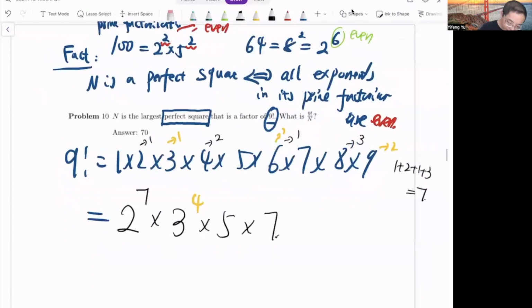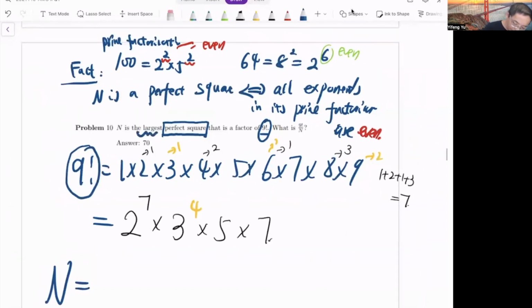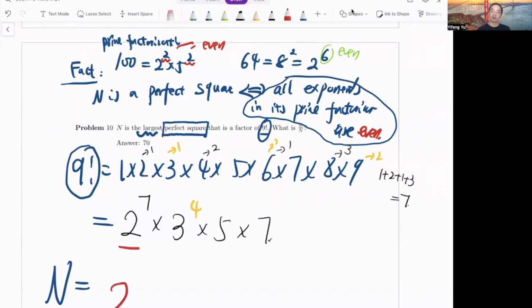And we are looking for n, a factor of 9 factorial, and we're looking for the largest perfect square. But remember, for a perfect square, all the exponents have to be even. So this is 2 to the 7, but it has to be 2 to an even number, and I want it as large as possible. So it has to be 2 to the 6. And then 3 to the 4 is already even.